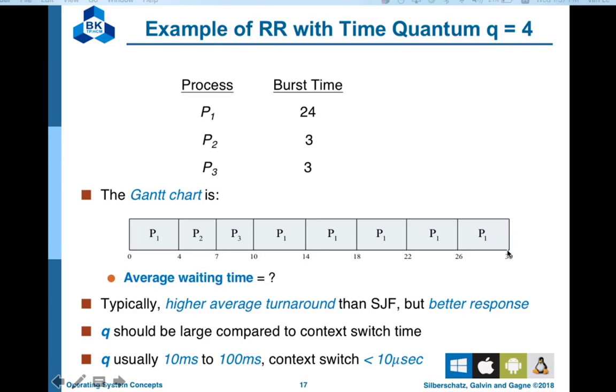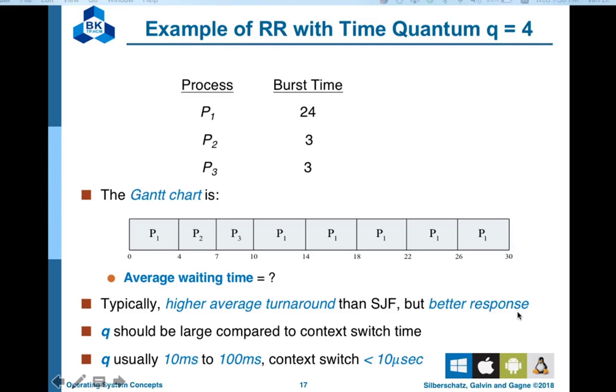So this algorithm is suitable for the interactive system, but the problem is it will increase the average turnaround time. You see here, typically higher average turnaround time than SJF, but better response.